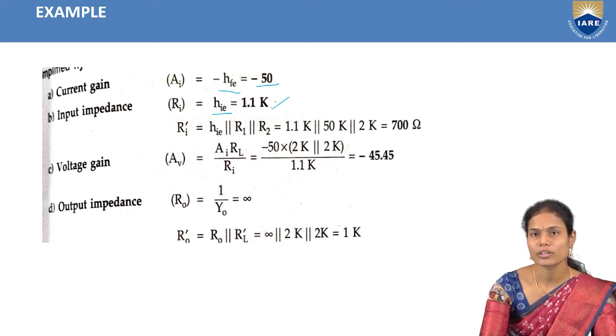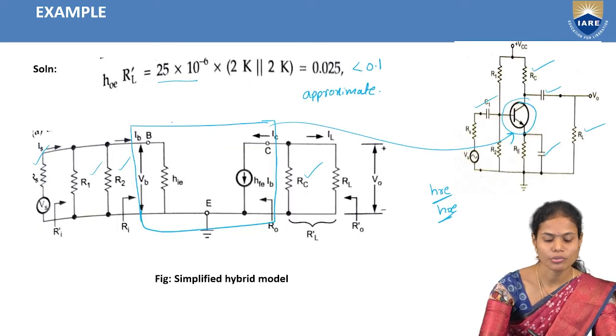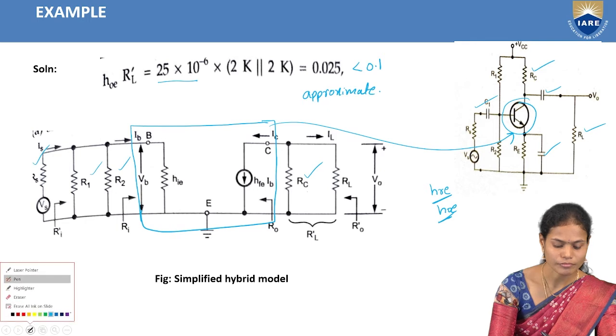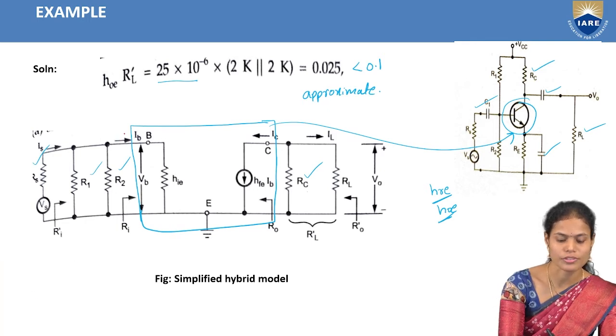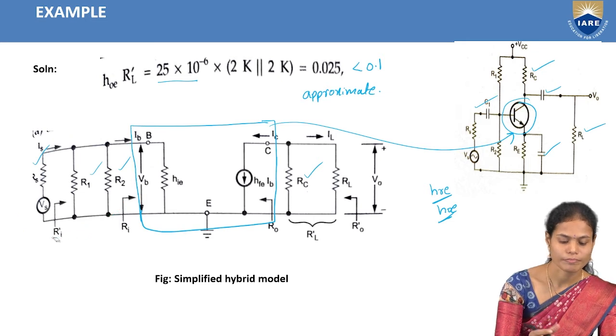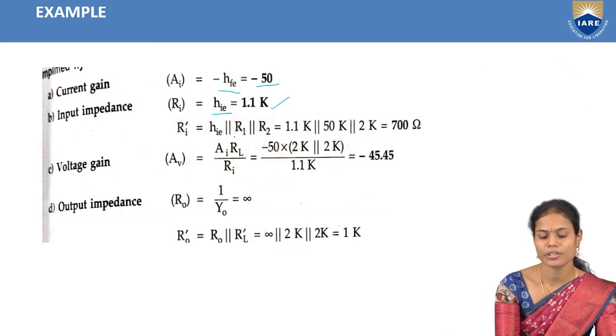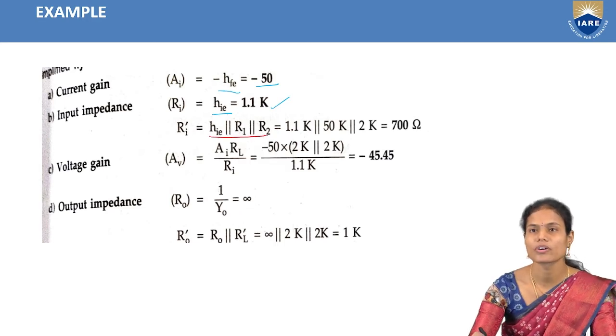But to find the overall input impedance of the given circuit, you have to take all the input resistances into consideration. These all are the input resistances here. If you take all these three resistances, you get hie parallel with R1 parallel with R2 as the overall input impedance. That value is 700 ohms.